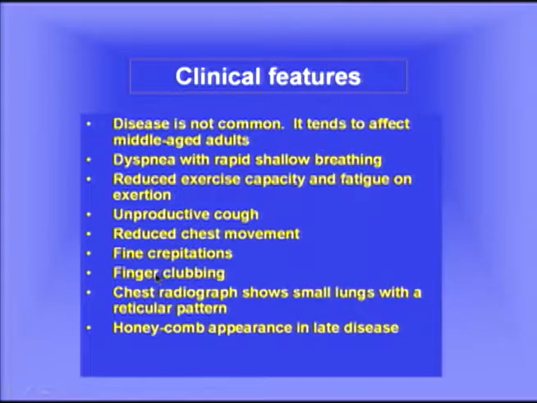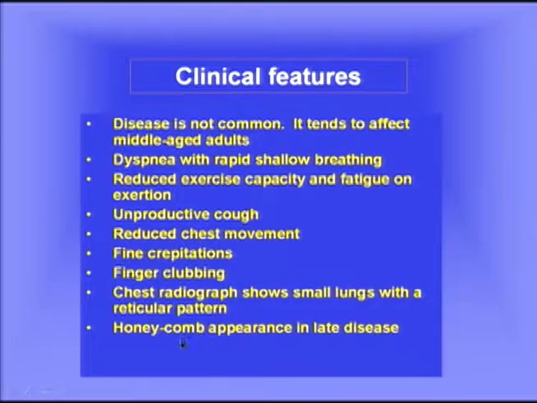Patient may have finger clubbing, that's one of the features, and a chest radiograph shows changes. It'll show small lungs very often, and if the disease is far enough advanced, it'll show a reticular pattern. Not a dramatic change in the chest X-ray, but is quite clearly seen.